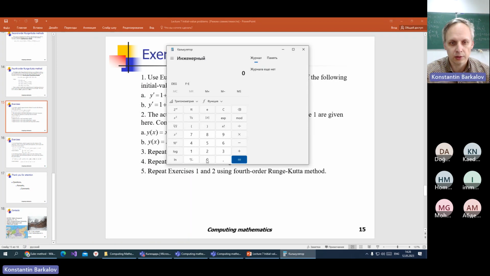For example, let's consider the point 0.1.